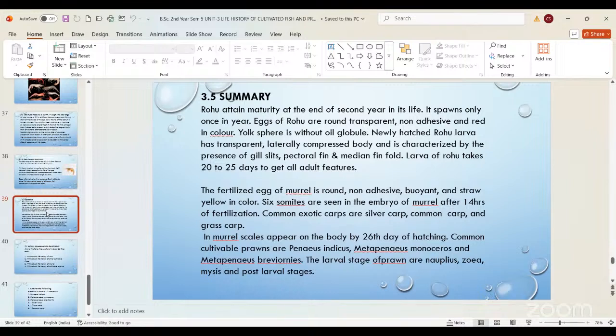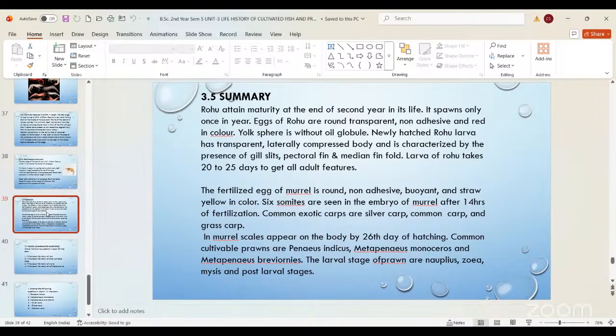The fertilized egg of mrigal is round, non-adhesive, buoyant, and straw yellow in color. Six somites are seen in the embryo of mrigal after 14 hours of fertilization. Common exotic carps are silver carp, common carp, and grass carp.